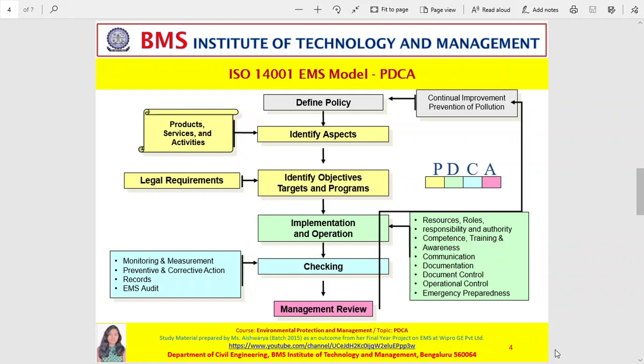Apart from document control, operational control is also essential. Operational control is the process or procedure in order to control situations which may occur during operation.